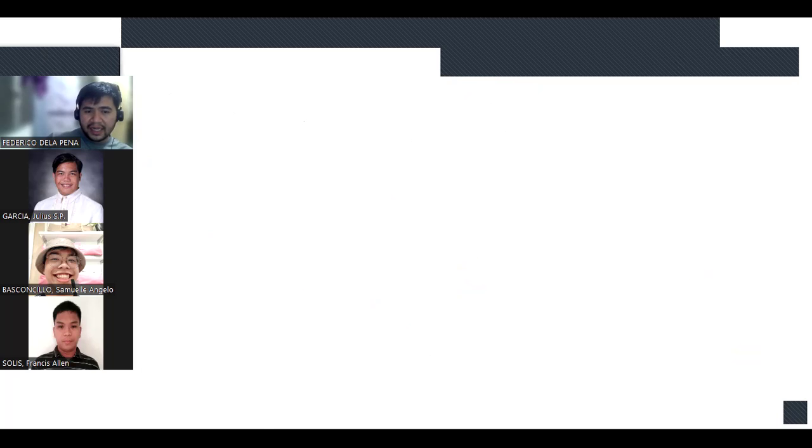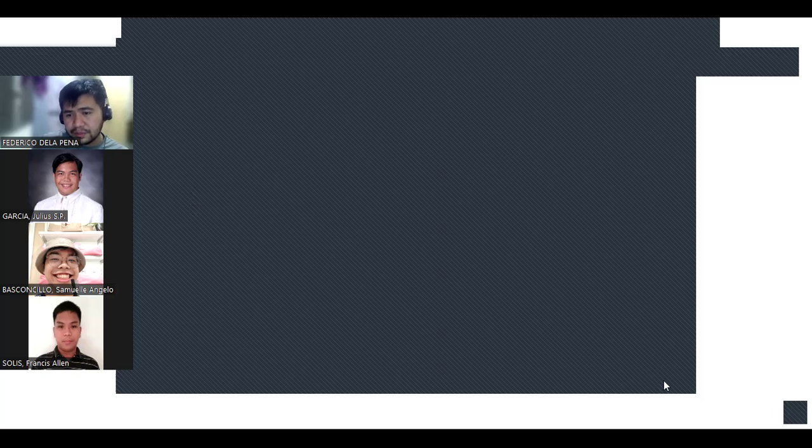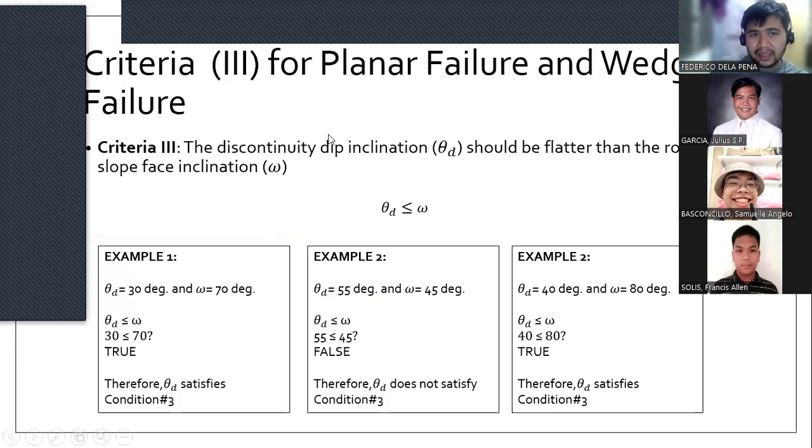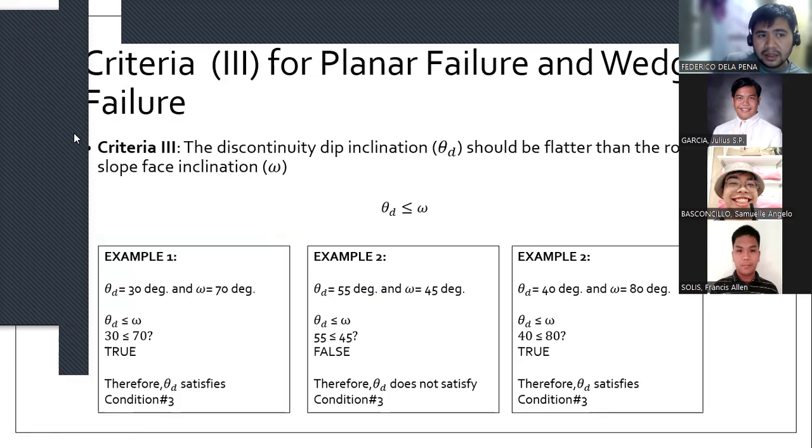Okay, and that brings us back to the second criteria. The second criteria, which is the, sorry, no, actually that's the third criteria. So this daylighting is actually the concept relevant for the third criteria, wherein the discontinuity dip direction should be flatter than the rock's slope face inclination.